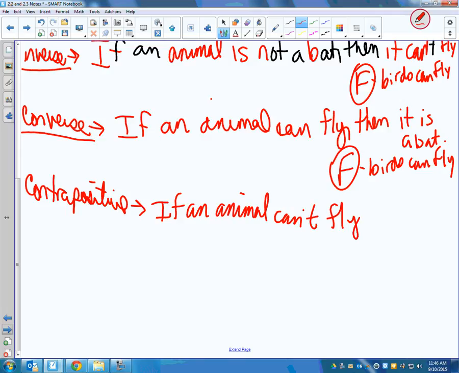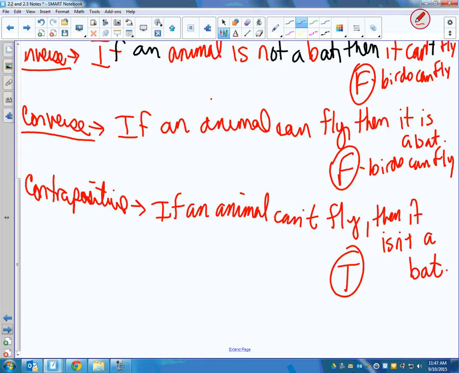I feel like we just put not in there, right? I think people struggle the most with this because it's a double negative, right? Animal can't fly, it isn't a bat.